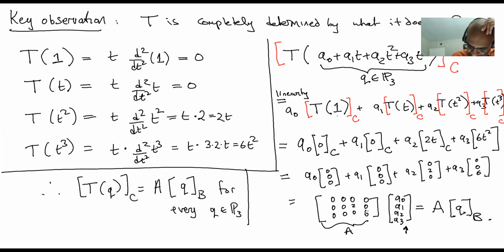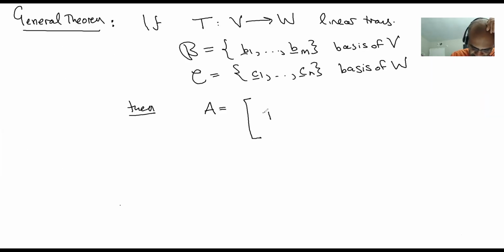What are the columns of this matrix? Well, they're the images of the input basis expressed in the output basis.